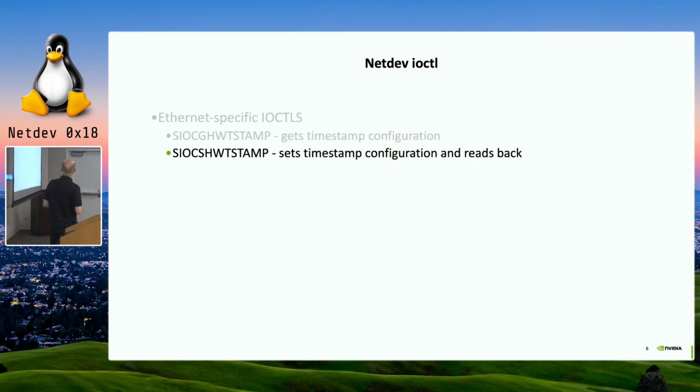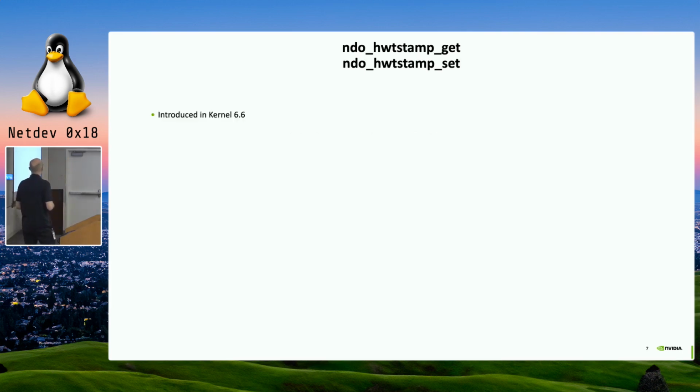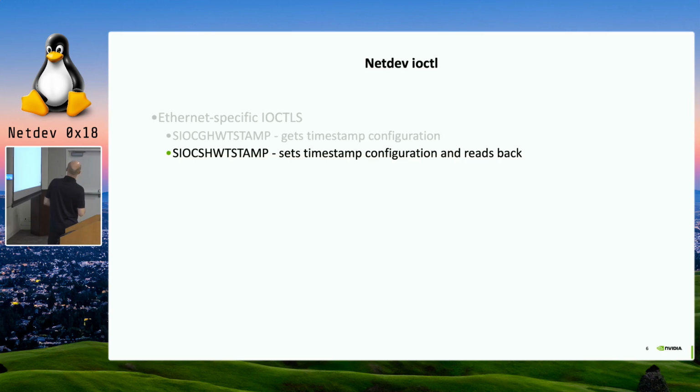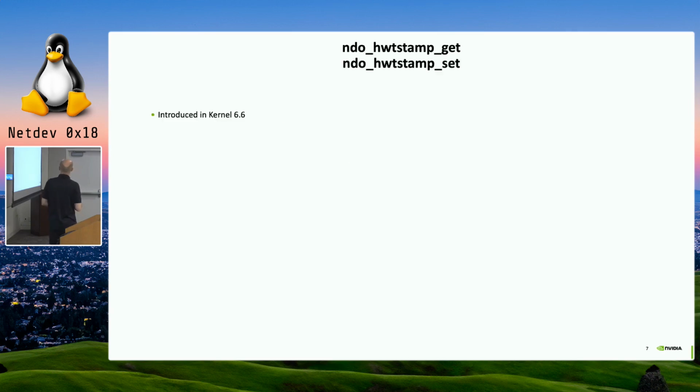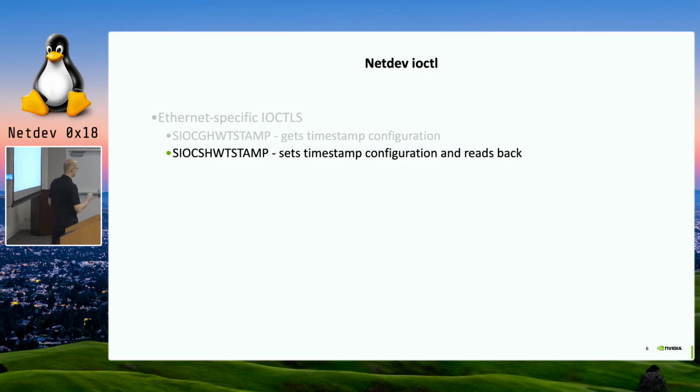And there is another ioctl that actually sets this configuration. The important part is that there is no API that gives us the capabilities, so we still need to get back to the ethtool ioctl to get the capabilities. This only gives us the configuration that is actually on the device.